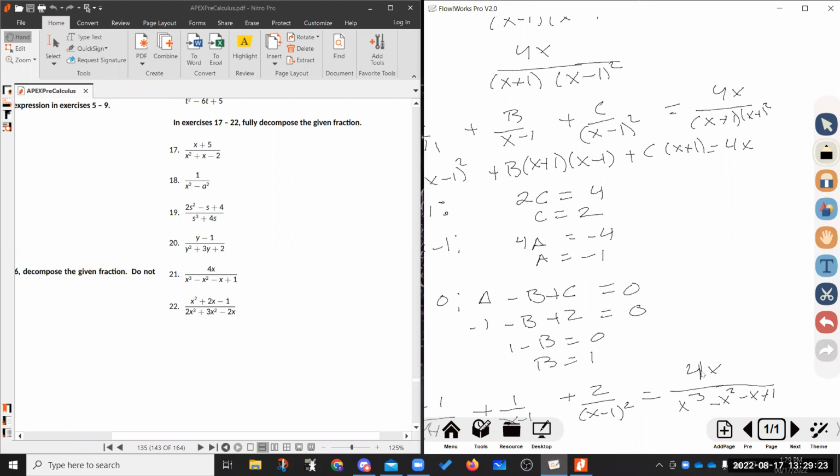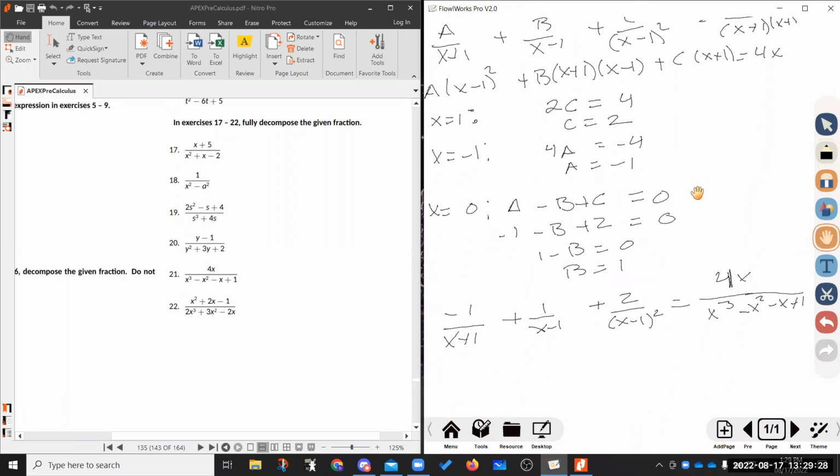Okay, so that was our partial fraction decomposition for number 21.